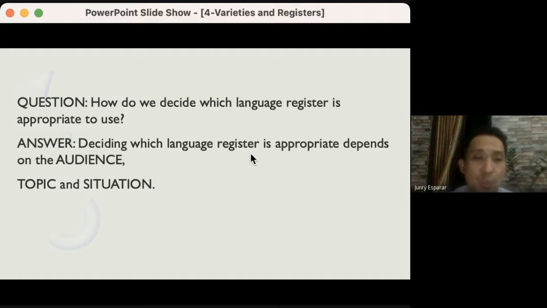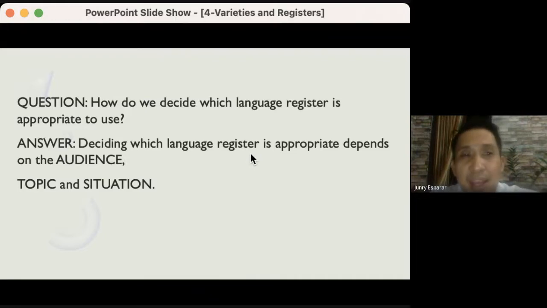However, in doing so, we need also to consider different elements, that is audience, topic, and situation. So that's how important these items are in communication.